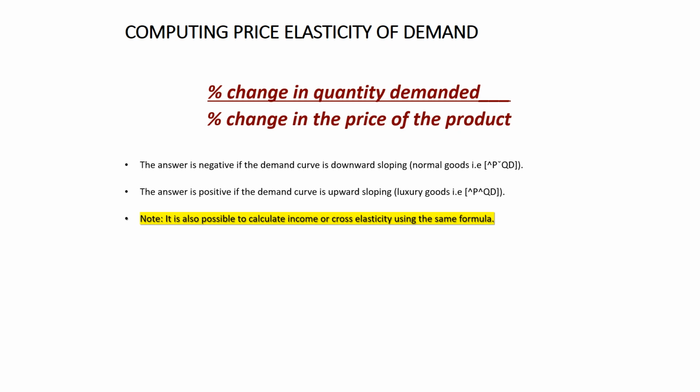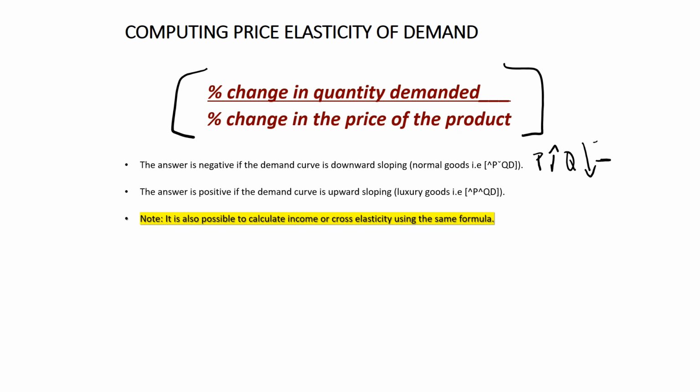So in our last video, we said you compute the price elasticity of demand by dividing the percentage change in quantity demanded by the percentage change in the price of the product. We said this result is negative if the demand curve is downward sloping for normal goods. So for normal goods, when price goes up, quantity demanded goes down, so you have a negative relationship.